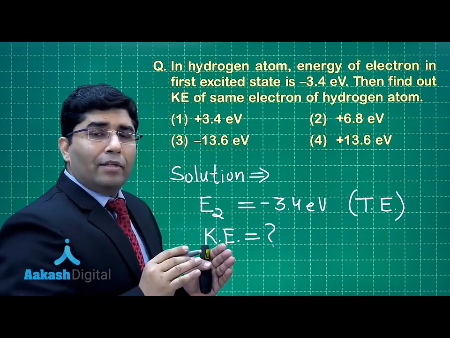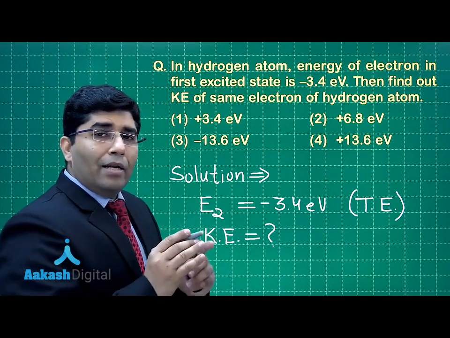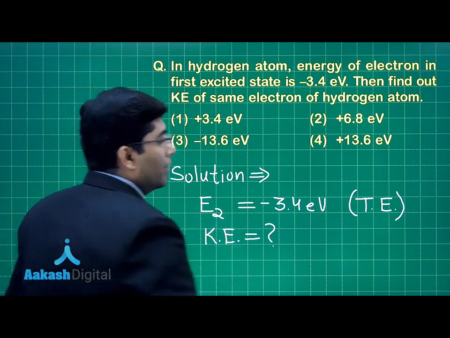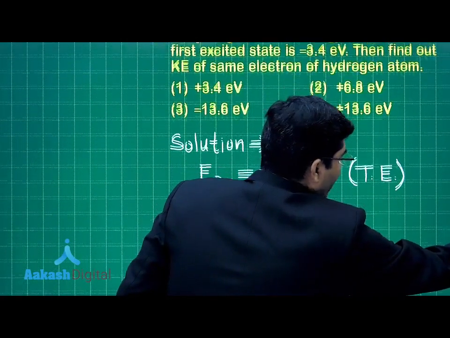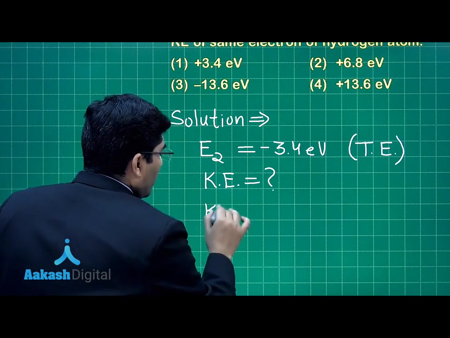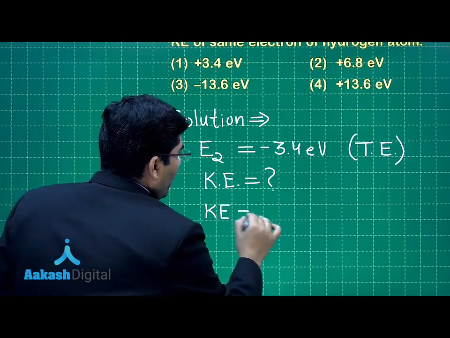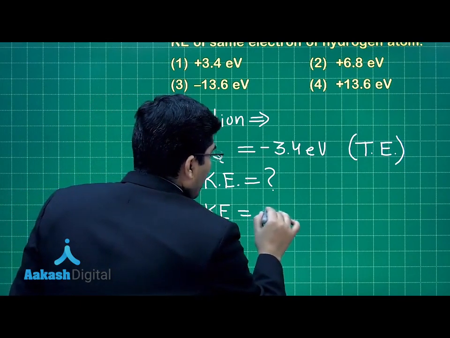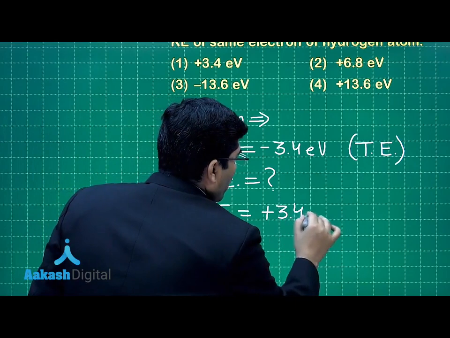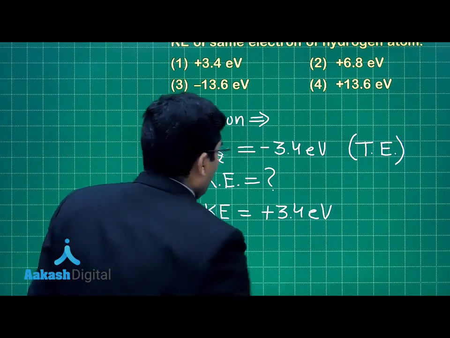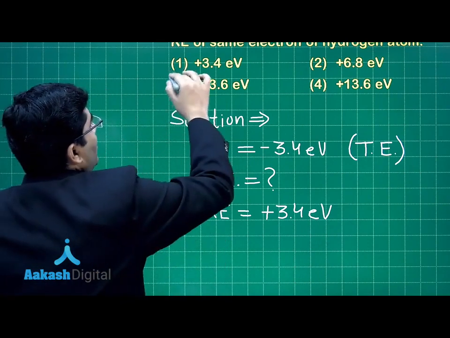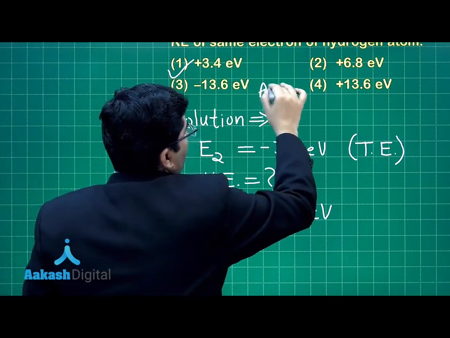There we studied that the kinetic energy is positive of the total energy, that is equal in magnitude but different in sign. So the kinetic energy will be equal to positive 3.4 electron volt. So this is the final answer. Therefore, the answer is first.